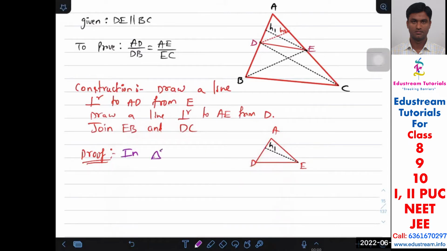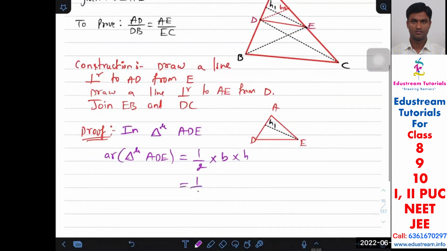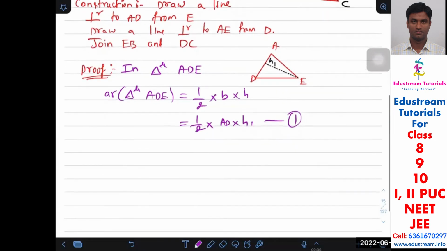In triangle ADE, area of triangle ADE is equal to half into base into height. So half into AD, which is the base for this triangle, into the height. Height is H1. That's it. Let's make this equation 1.